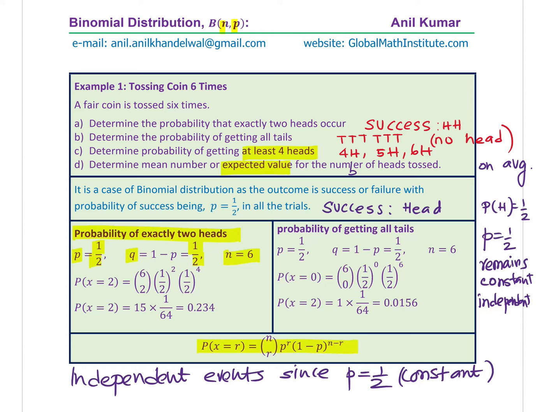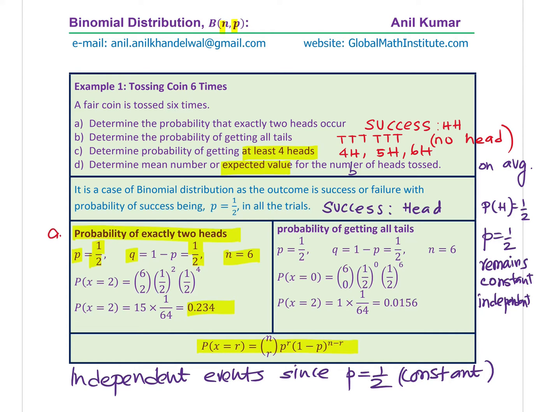Here 1 minus p is the failure probability, which in our case is also half. Applying this formula, the value comes out to be 0.234. So 6 choose 2 times half to the power of 2 times half to the power of 4. That is how we get the solution for part A.